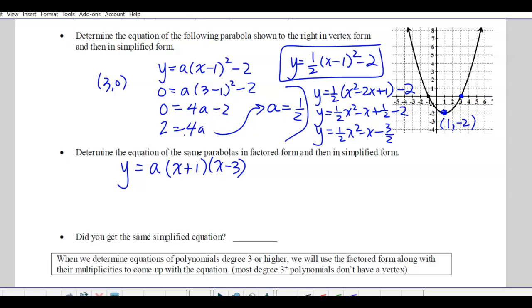Now, we're not going to substitute an x-intercept in because that's not going to help us find a. We're going to substitute the vertex in, a different point. 2 times negative 2 is negative 4, so a equals 1/2.